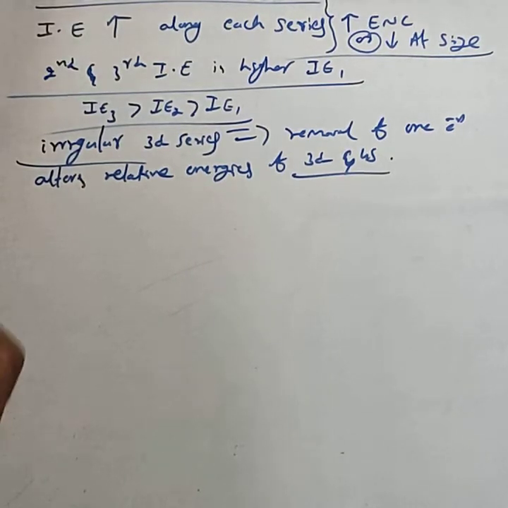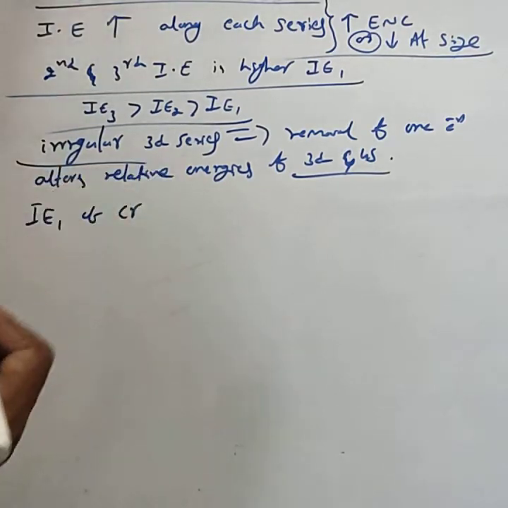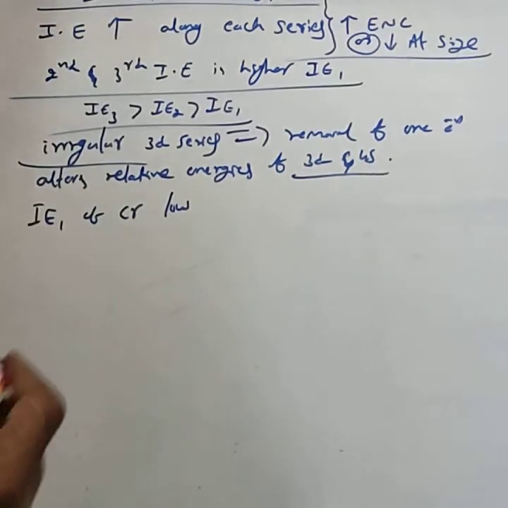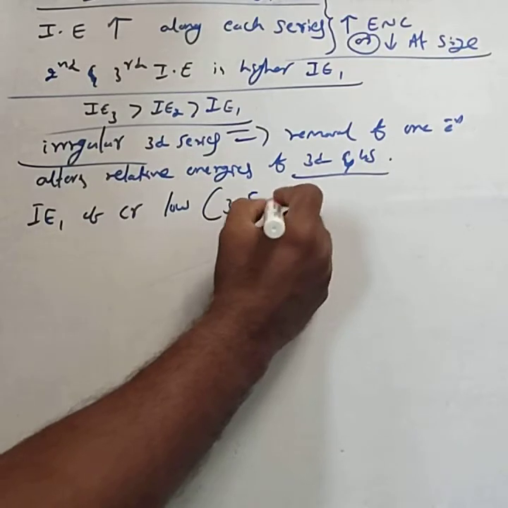Then, the first ionization enthalpy, IE1 of chromium, is low. It is very low. Why is IE1 of chromium low? Chromium configuration is 3d5 4s1.